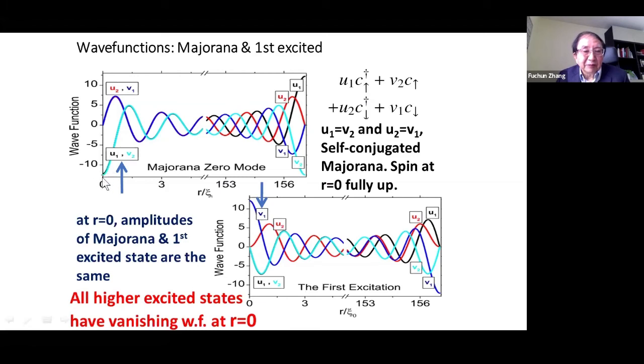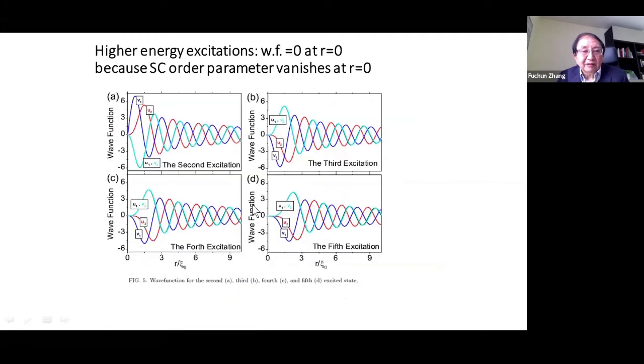One is for Majorana, the spin up. For the first excited state, it's spin down. And all other states, because they are higher order in the spherical Bessel wave function, mathematically, are 0.